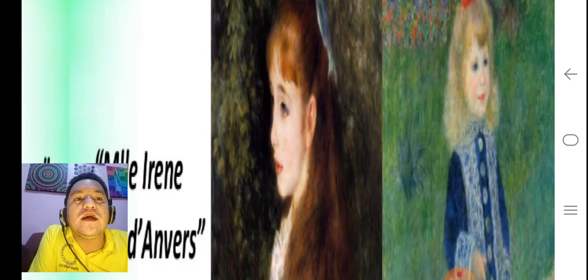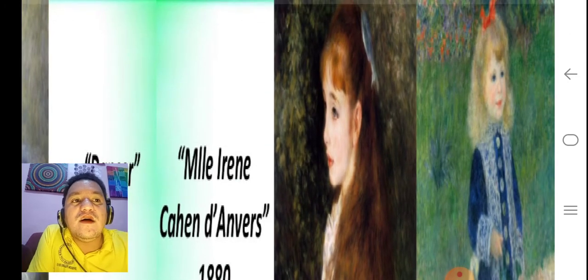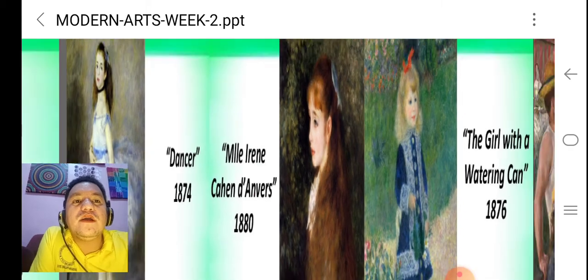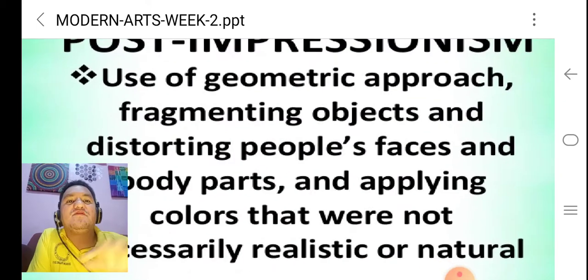If you are going to look at it, it is more detailed compared to the work of Monet and Manet. Okay, we are going to identify the face of this girl, also this one. So it is far from what Monet and Manet did. Okay, so let's have the next one.